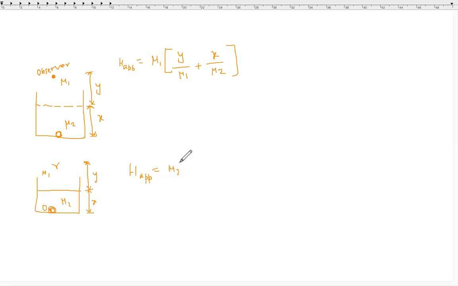So this is the refractive index of the observer's medium, into x divided by the refractive index of x, plus y divided by the refractive index of y. Okay, so this is the formula we will use.